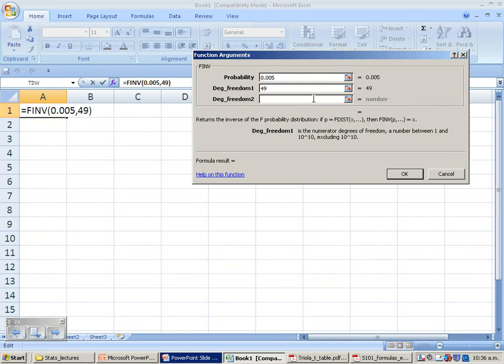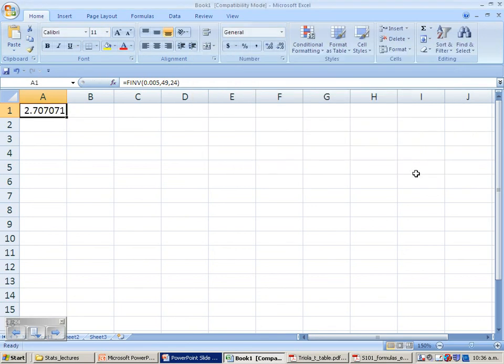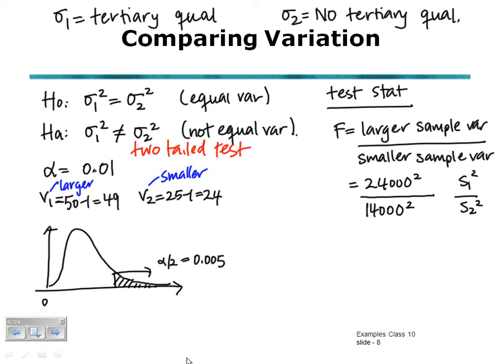And it requires the denominator degrees of freedom, which in this case was 24. So three figures go in there, and that returns the critical value of F, which is 2.707. We're going to write down 2.71, taking that value to 2 decimal places.